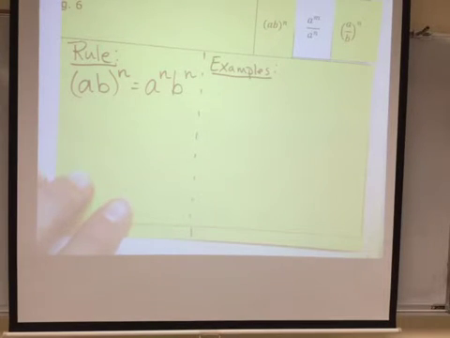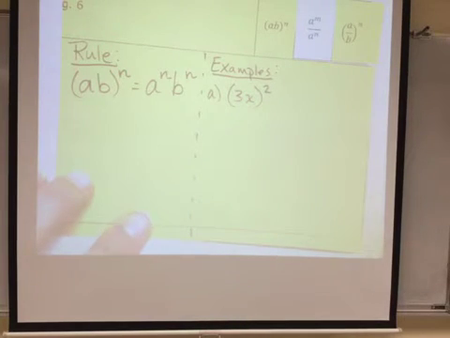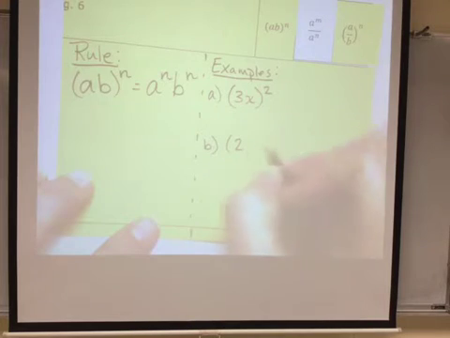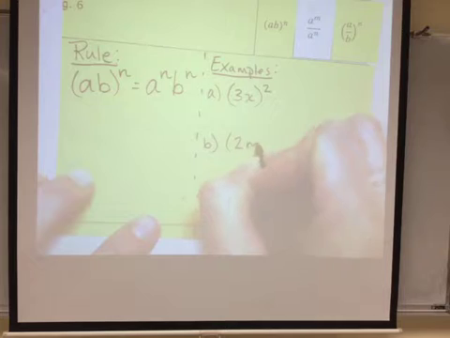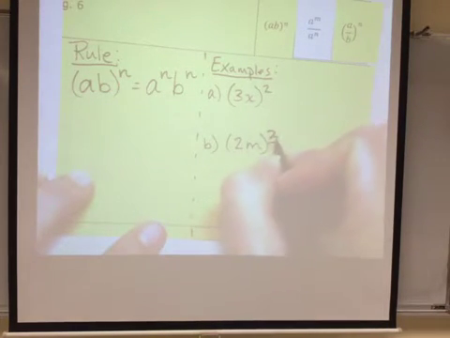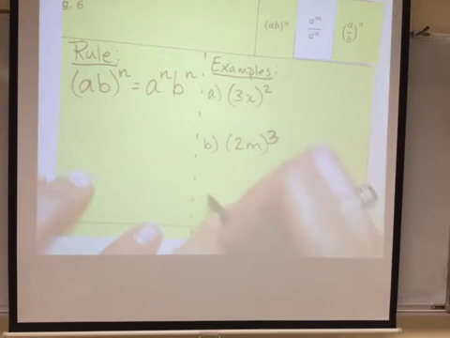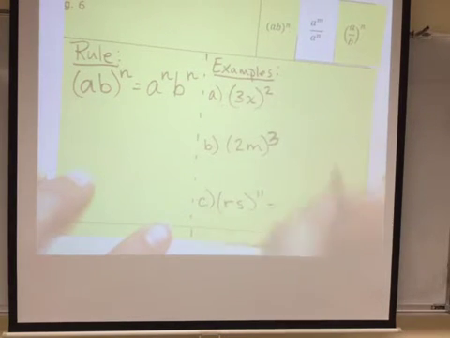Let's do a few examples. Let's say (3x) squared, (2m) cubed, and (rs) to the 11th power.